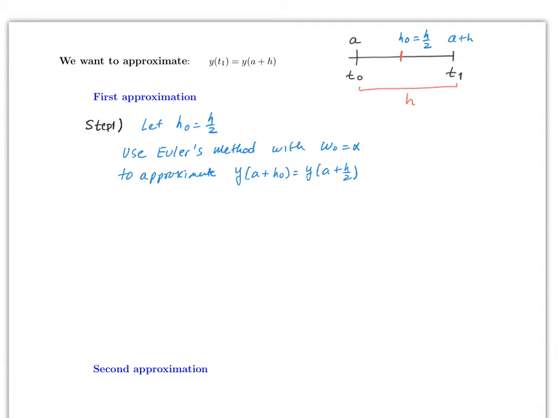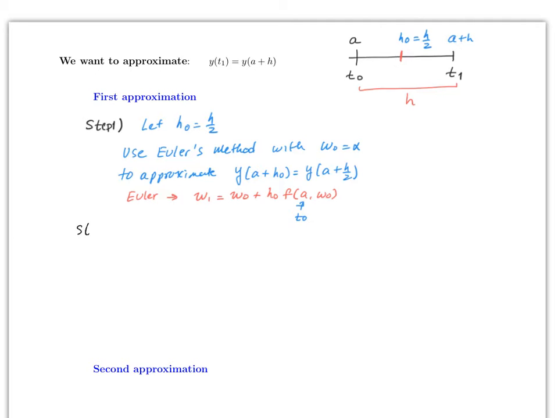So obviously Euler's method implies that W1 is going to be W0 plus h0 f of a, W0. Remember that a is the same thing as t0.